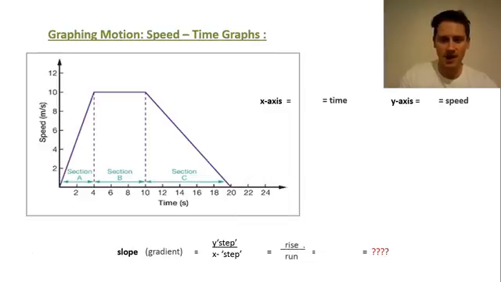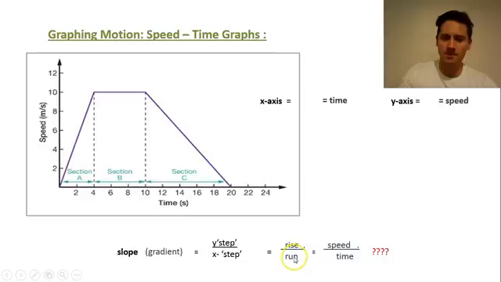An easy way to do that is rise over run. So calculate the vertical rise and then the horizontal run. We have to do this in 3 sections because you can only do this on a straight line. If it's not a straight line, unfortunately, you won't be able to calculate the average velocity or the average acceleration.